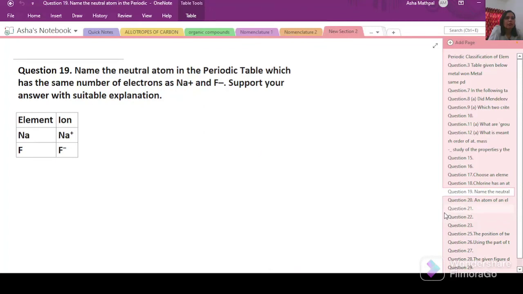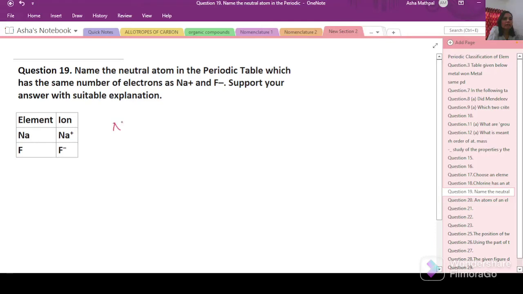Name the neutral atom in the periodic table which has the same number of electrons as Na plus and F minus. Support your answer with suitable explanation. Now Na, its electronic configuration is 2, 8, 1 because its atomic number is 11. Fluorine is 2, 7 because its atomic number is 9.